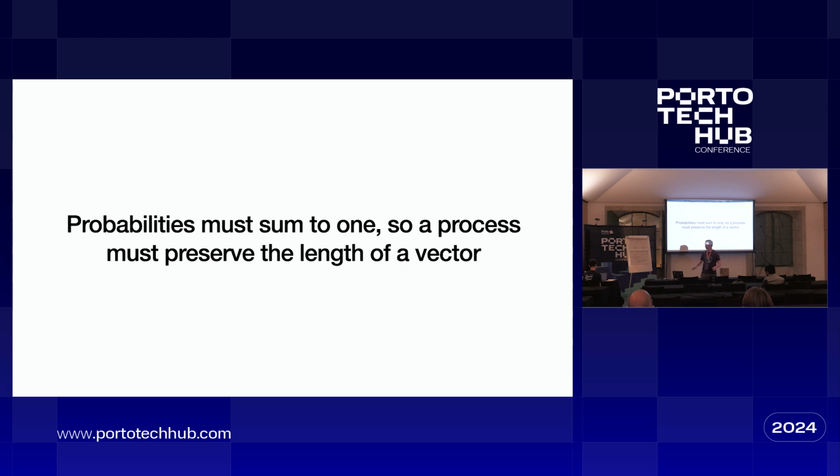In the quantum case, the vector has to be length 1, which means the process, to conserve probabilities, must conserve the length of the vector. It looks like I'm losing a lot of people here. Are you lost? Yes? Where do we get lost? On the Bloch sphere? Okay.